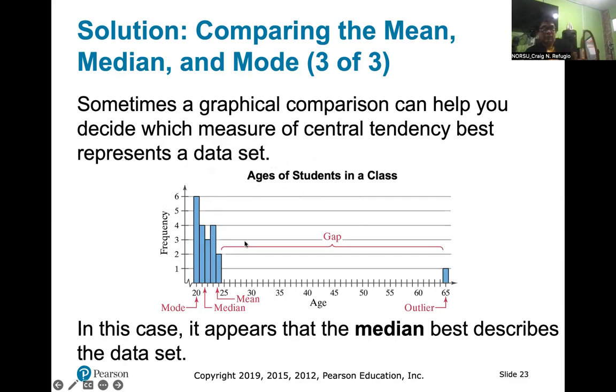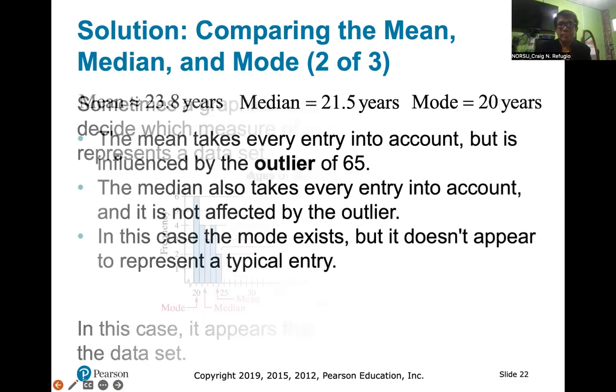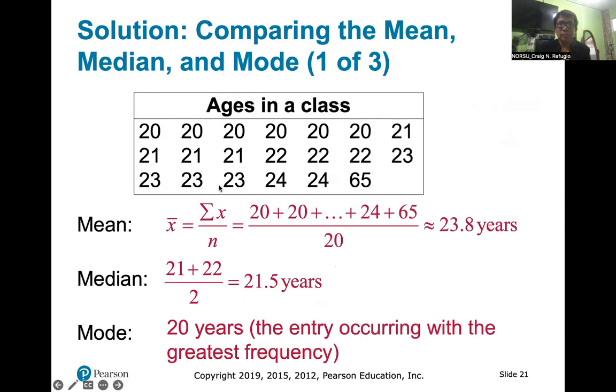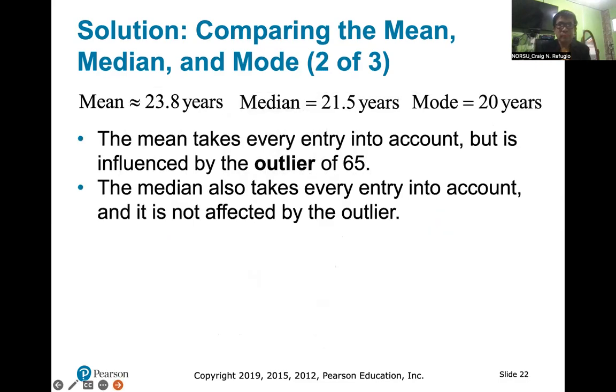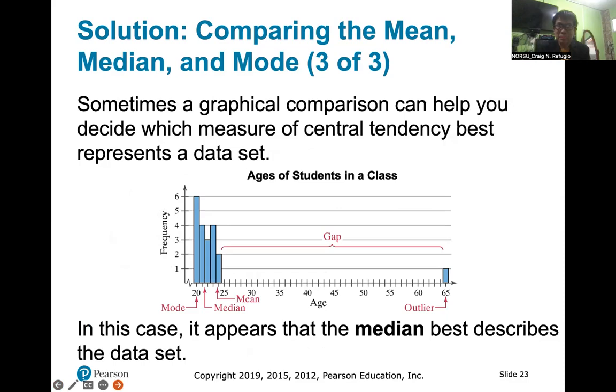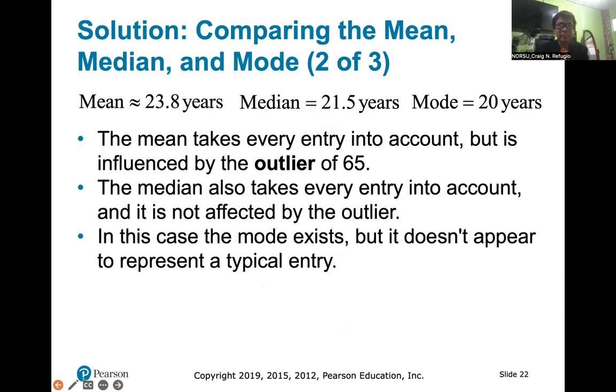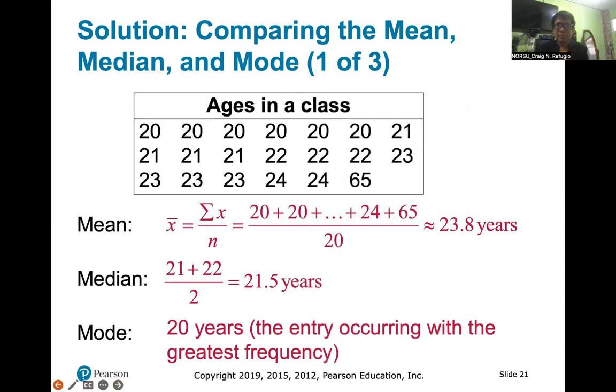You can do the graphing manually, or through the use of Microsoft Excel. I assume that everyone knows how to make use of Microsoft Excel. So your activity is to graph the data. Given this kind of data, take a screenshot for that, and then graph that using Microsoft Excel.